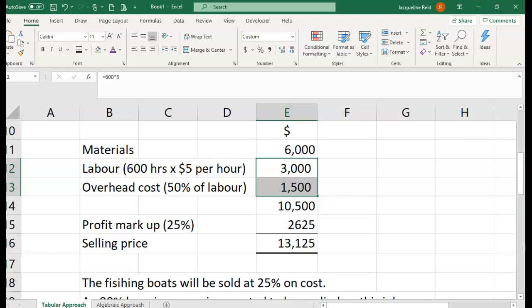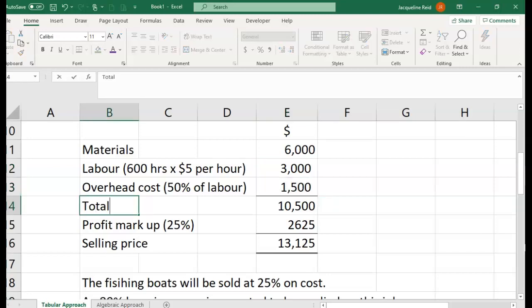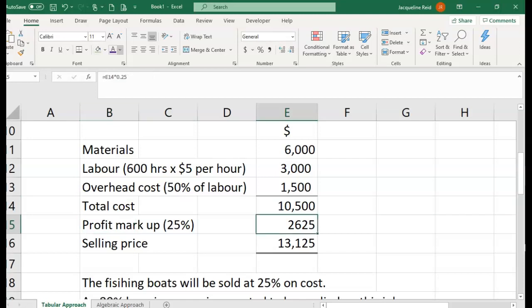So the grand total cost for building this particular boat, the first fishing boat, is $10,500. The markup or the profit margin on this thing is 25% on cost. And so 25% of $10,500 is $2,625. So the final selling price for the first boat is $13,125.